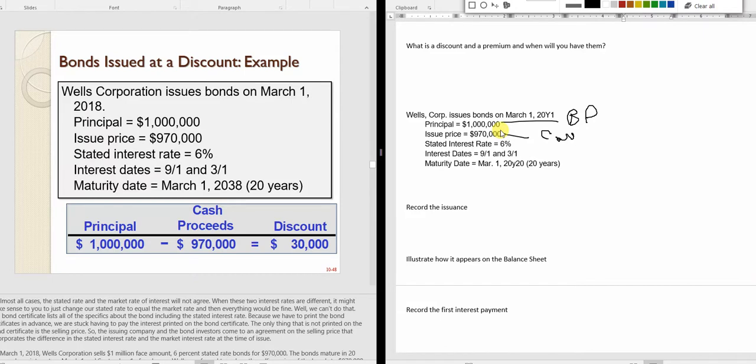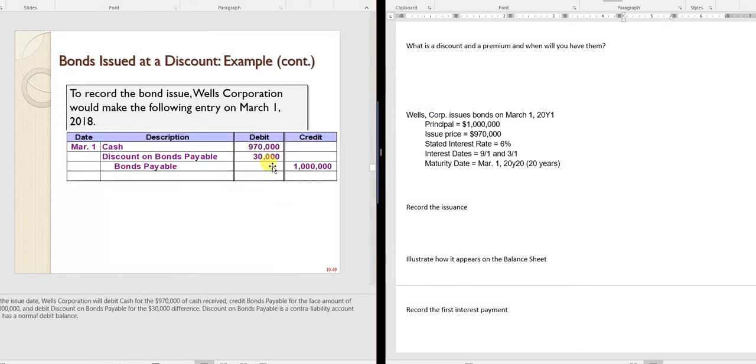Obviously, I don't balance, so I have a $30,000 discount. Figure that out. So my journal entry is cash $970,000. Bonds payable is always the face. And then I have a discount of $30,000. So discounts are debits. If it would sell at a premium, this would have been more than $1 million, and my premium would have been a credit.